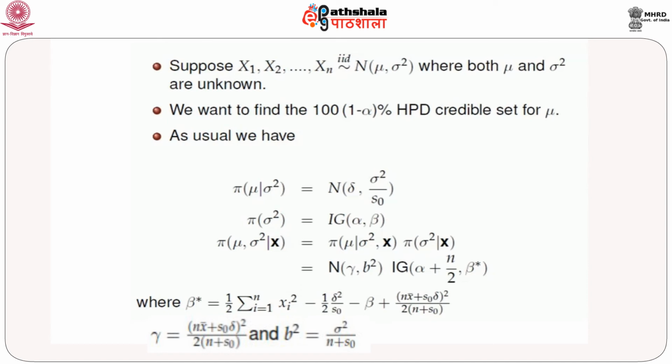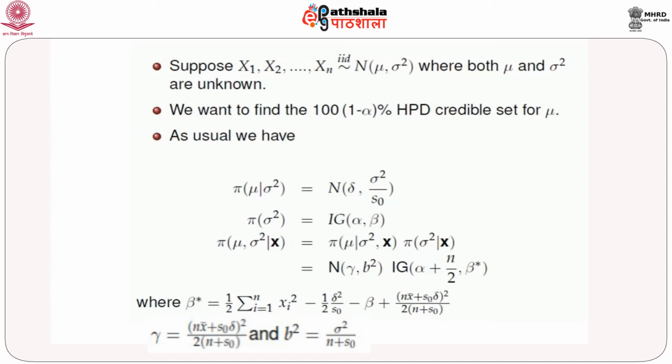So, we turn back to the normal example and we have the usual assumptions for the prior distributions. We have also seen how the posterior distribution of the parameters given the data looks like. For simplicity of notation we write beta star as the following quantity, gamma and b square.